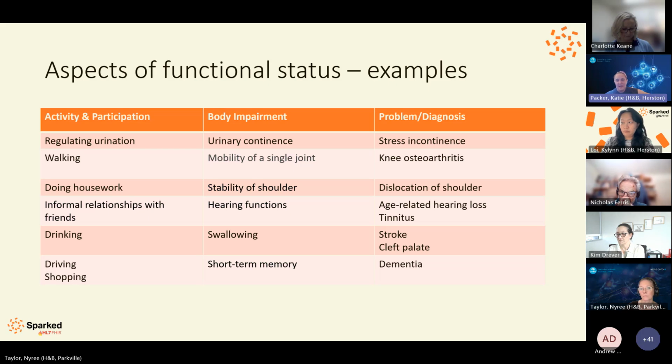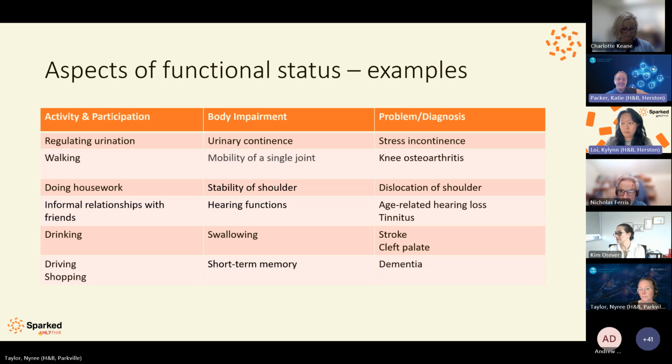Similarly, with some of the functional measures, they look at things like swallow as part of a functional assessment. We've separated that out as drinking is the activity or eating is the activity, and then swallowing is an impairment that feeds into that, but we would look at them as separate clinical concepts.